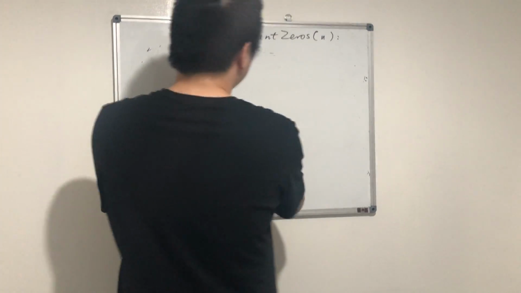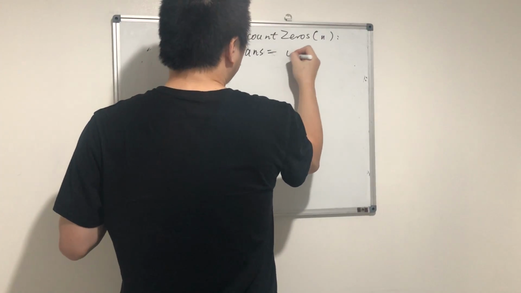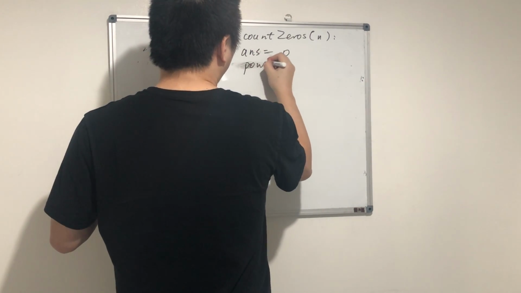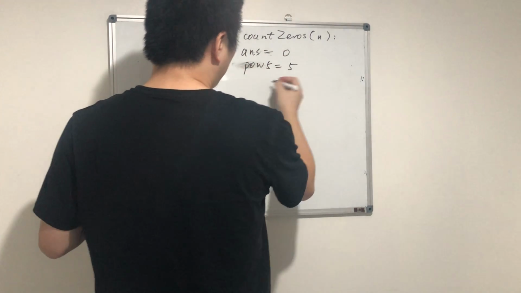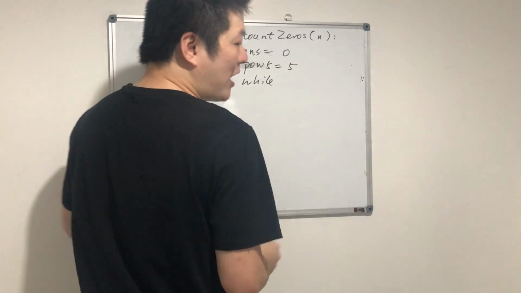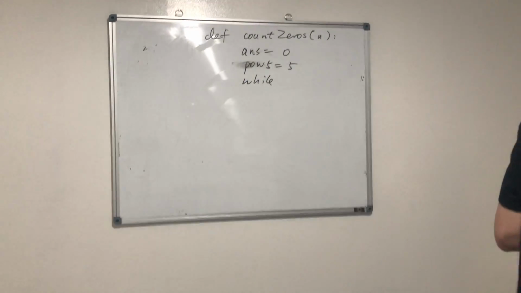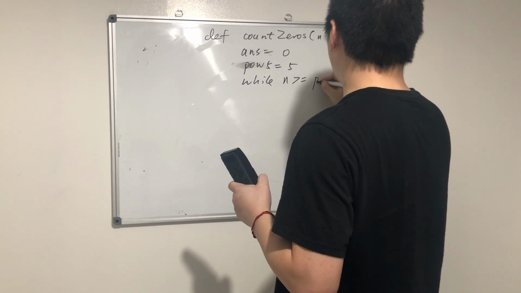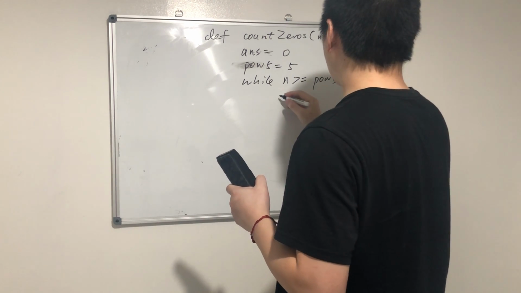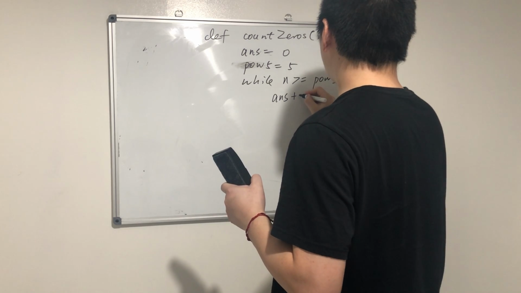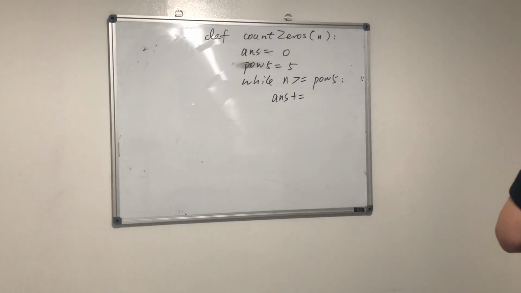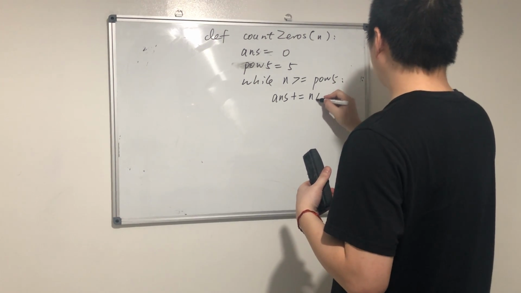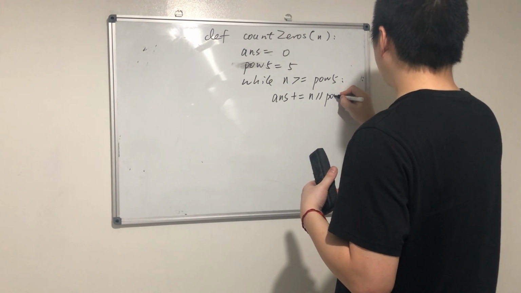Okay, so answer equals 0, and then we have, let's say, power of 5. Power of 5 equals 5. While n is bigger than or equal to the power of 5, answer plus equals n divided by power of 5.